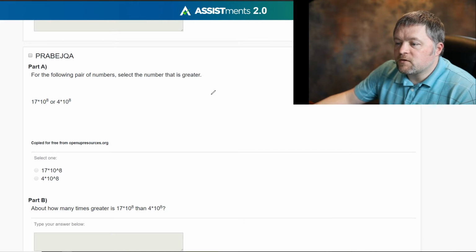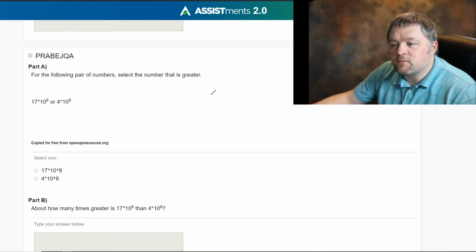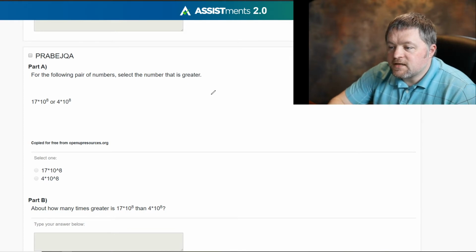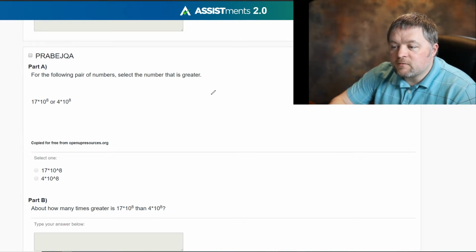For the following pair of numbers, select the number which is greater. 17 times 10 to the power of 8 or 4 times 10 to the power of 8. Well, anytime we are just trying to compare numbers, if the exponent of the scientific notation is the same, we can just compare what those numbers are.